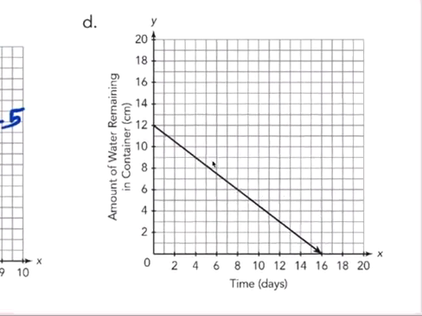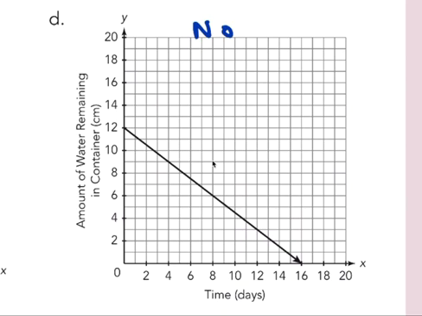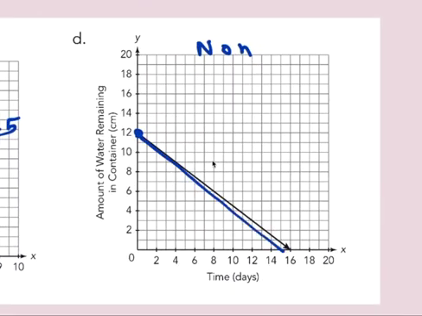Okay, so this one here for D, it's also non-proportional because it doesn't pass the origin. But notice the line is going down. So the constant rate of proportionality is a negative.